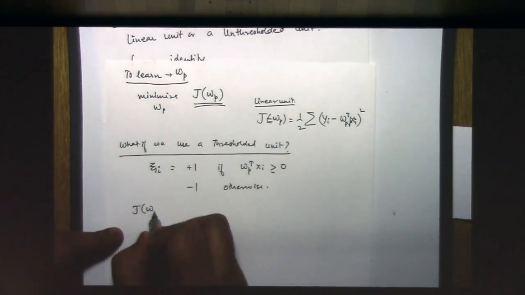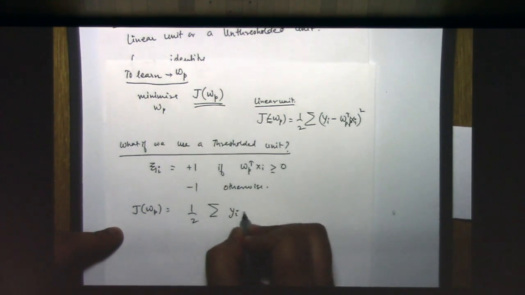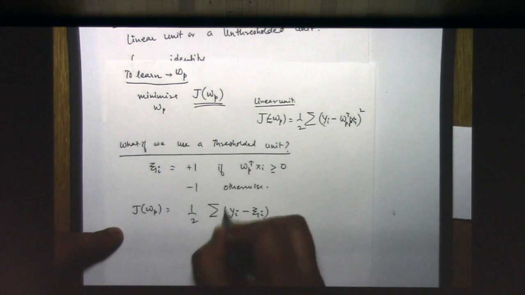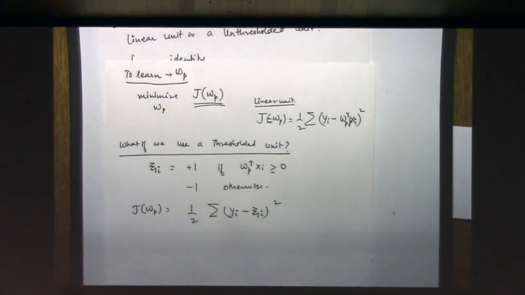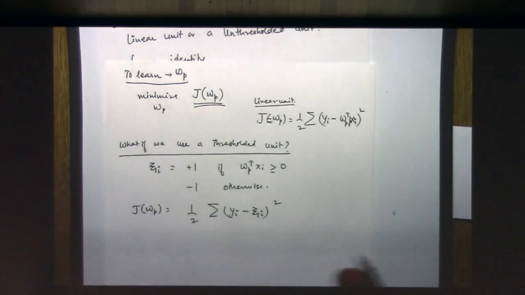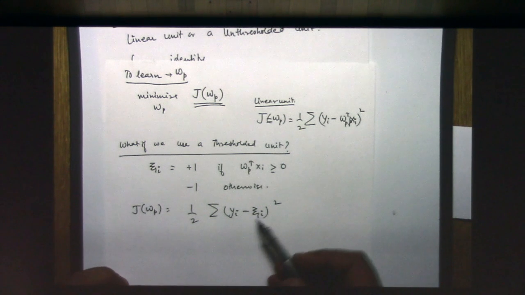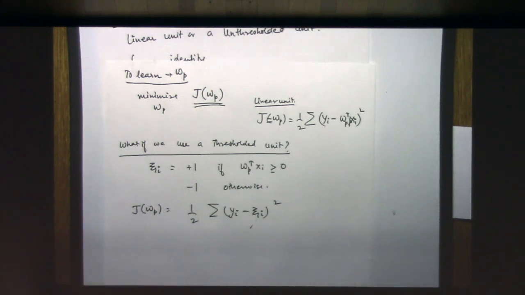So now if I compute my error, it would look like this, with (y_i minus chi_i) squared. Now y_i are your training labels, so these are always +1 or -1. These will also be +1 or -1. So when you subtract, the difference can only take a few values.